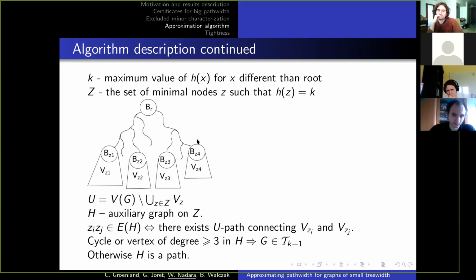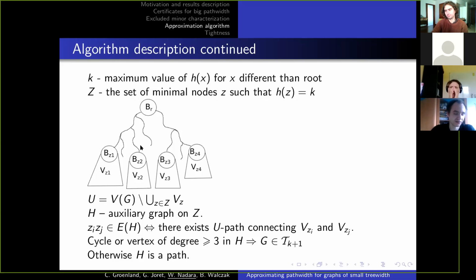Okay. So what we want to look at right now is set Z. That will be the set of minimal nodes z such that h of z is k. On this picture, these are these bags: bz1, bz2, bz3, and bz4.